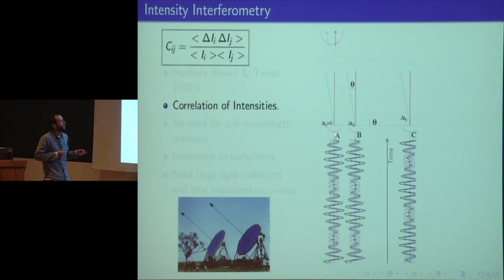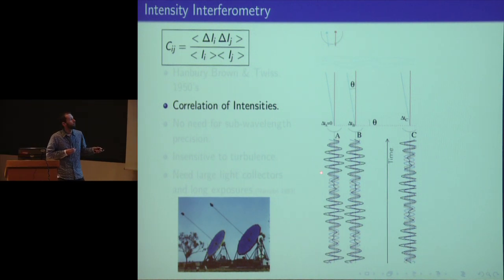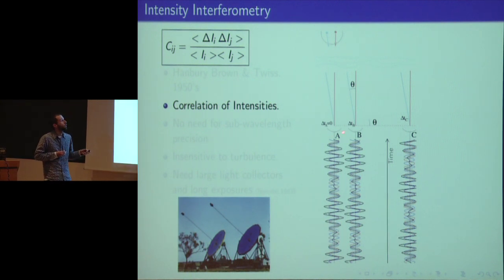This detector A, with its slow electronics, will be able to see the envelope or the beating effect between these two Fourier components. Telescope B, which would be close by, would detect a very similar signal, and therefore the correlation between A and B would be high.